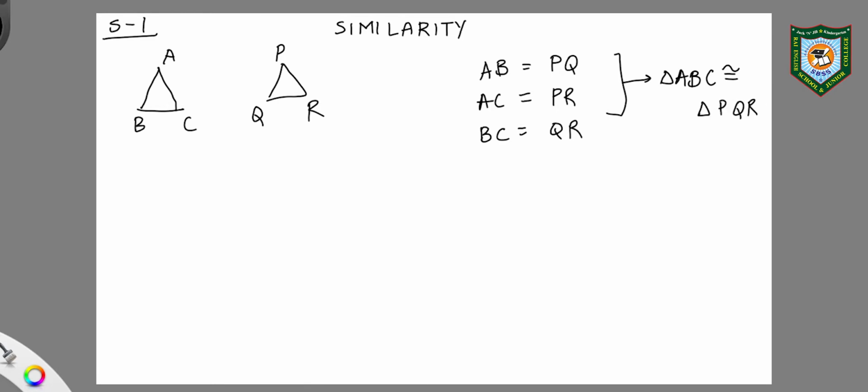Now in this test, each side is equal to the other side of the triangle. That means AB is equal to PQ, AC is equal to PR, and BC is equal to QR. Now all of this comes under congruency.